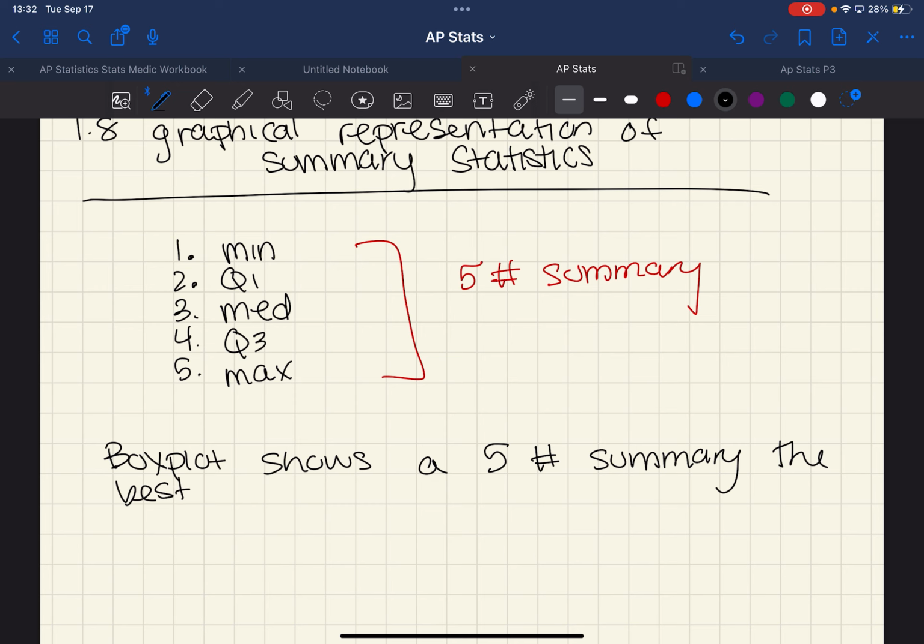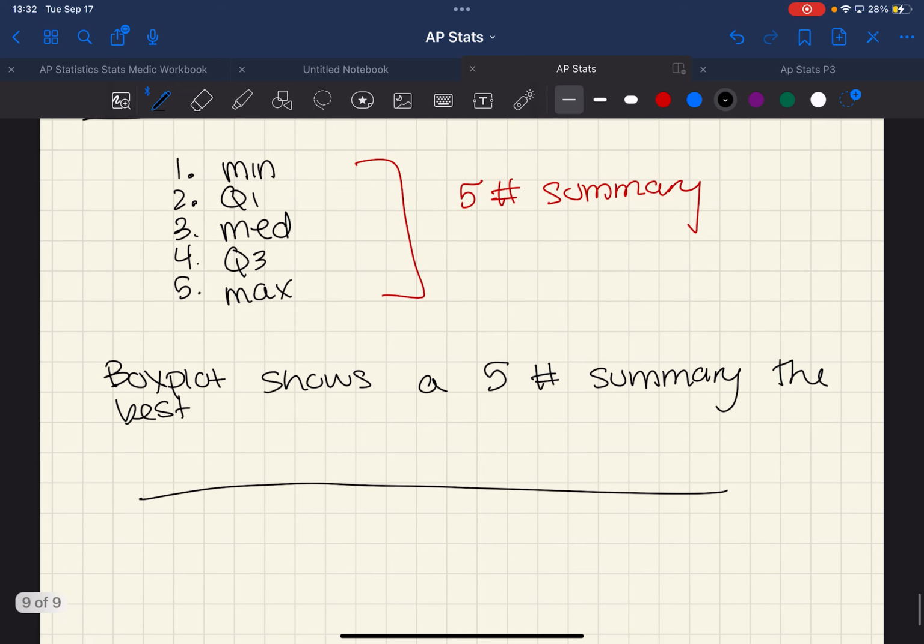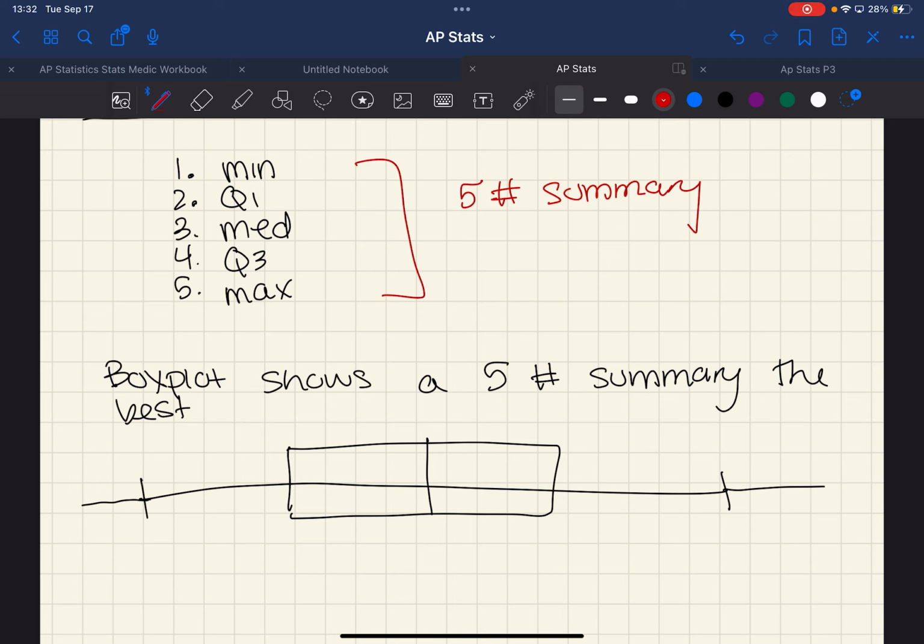Because if we remember a box plot here, we had our box right here and then right here. Okay. So at this point was our minimum, and this point was our maximum. This whole thing is our IQR, where the middle line is the median, and then this is our Q1, Q3.